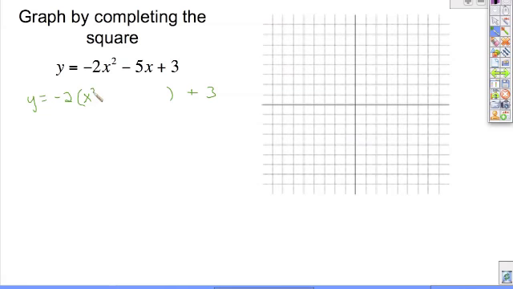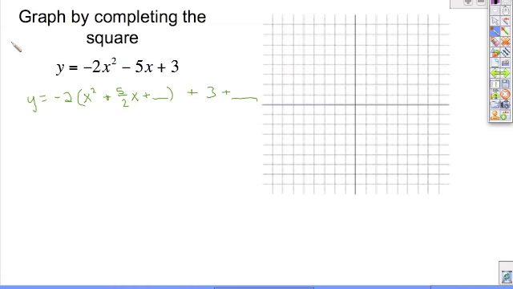Now I'm going to fill in the inside, x squared plus, and I'm factoring out the -2. So it's going to be 5/2 x, and then I'll have a mystery number. And we're also going to need a mystery number outside because we have to keep things balanced.